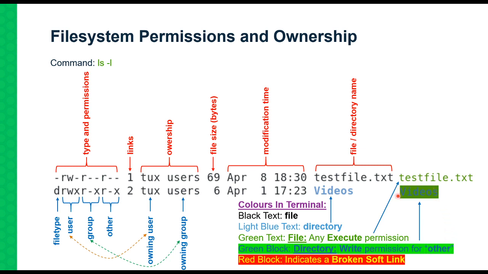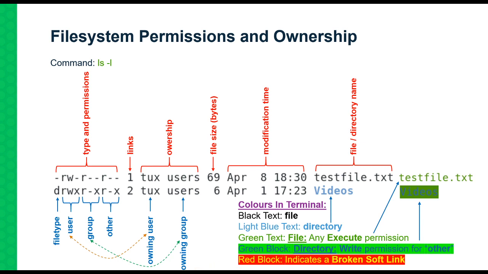So this shows us that just about everybody can write to the specific folder. This makes it easy to highlight where our risk is when we scroll through our command line. And then a red block like this with yellow text indicates a broken soft link.